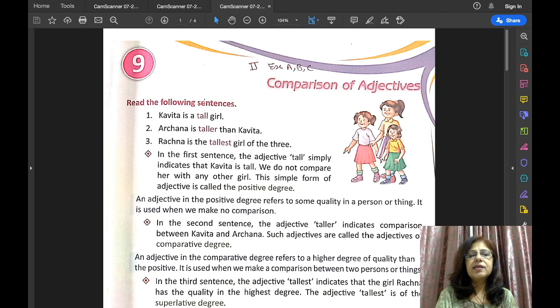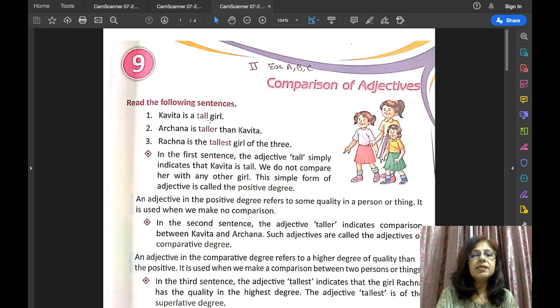Read the following sentences. Kavita is a tall girl. Archana is taller than Kavita. Rachna is the tallest girl of the 3. In the first sentence, the adjective tall simply indicates that Kavita is a tall girl. We are talking only about Kavita. We do not compare her with any other girl.